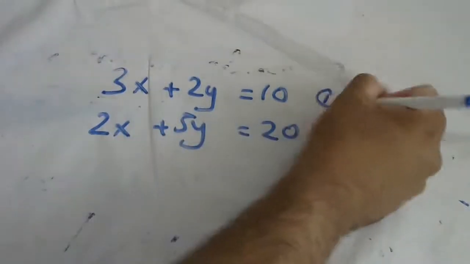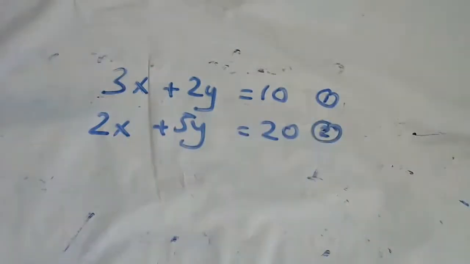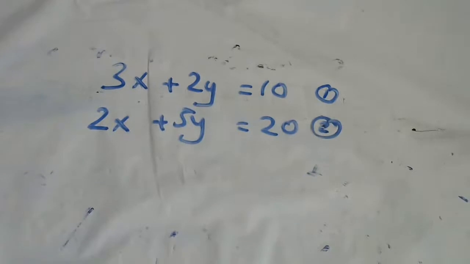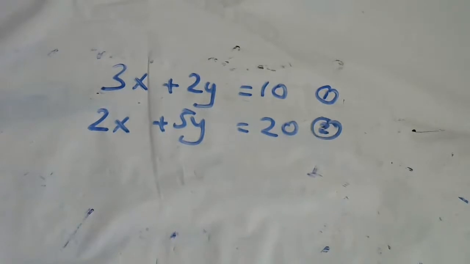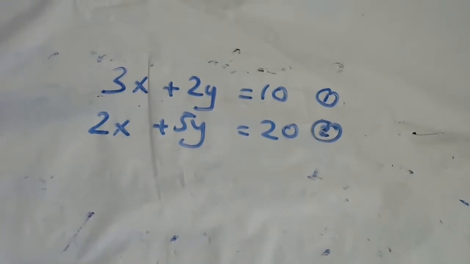Equation 1 or equation 2? Second line. Okay, suppose you times that by 2, you get 4x plus 10y equals 40. How would that help you? What would be the benefit of multiplying this by 2?